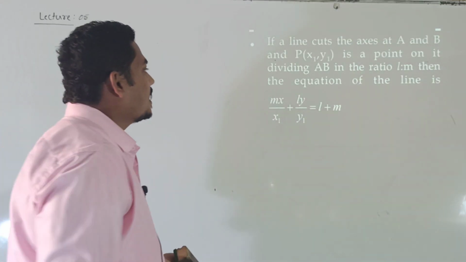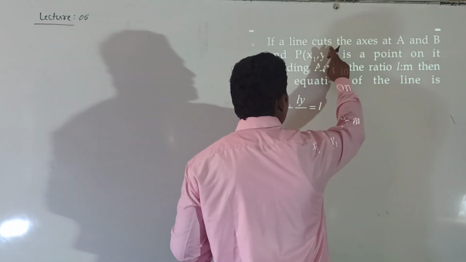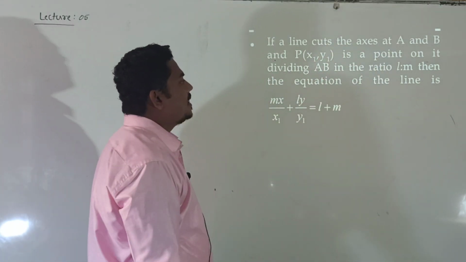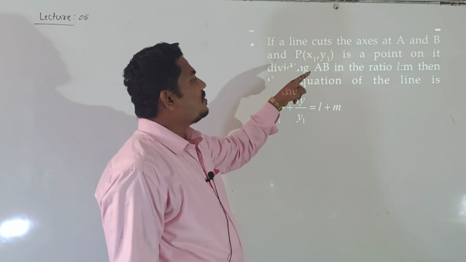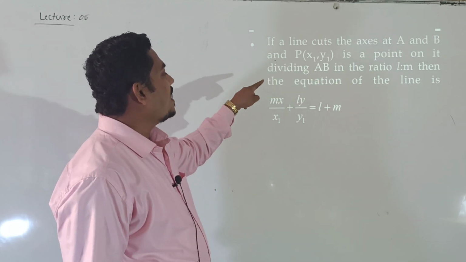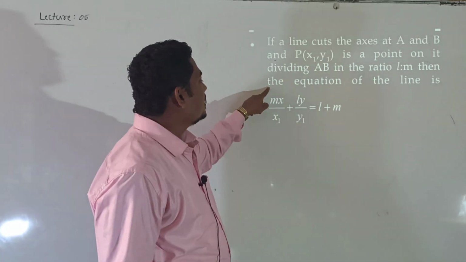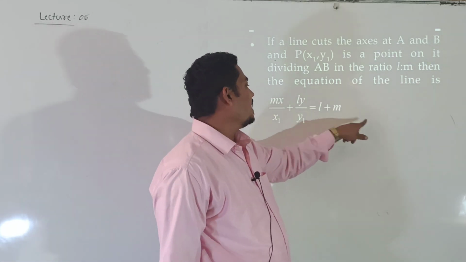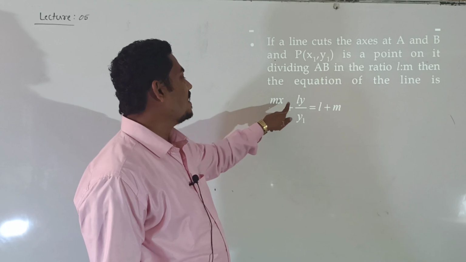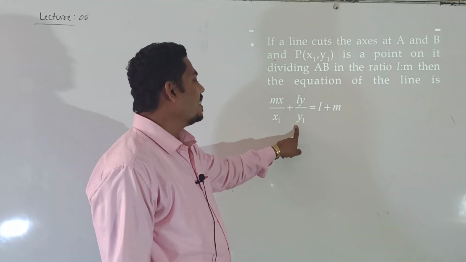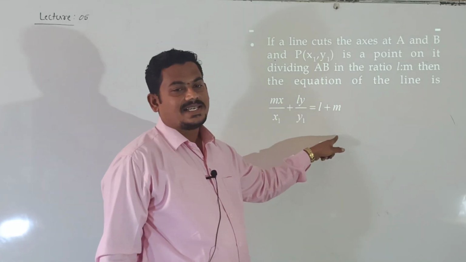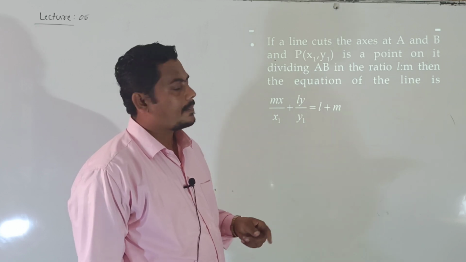A line cuts the axis at A and B and P of x1 comma y1 is a point on it, dividing AB in the ratio of l is to m, then the equation of the line is mx divided by x1 plus ly divided by y1 is equal to l plus m. It is one of the shortcut formulas.